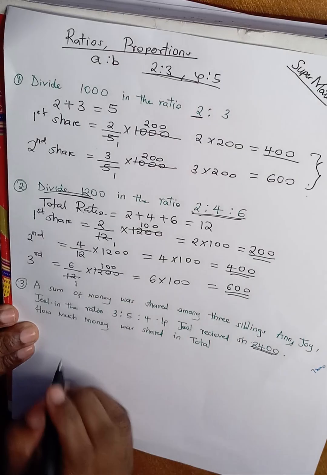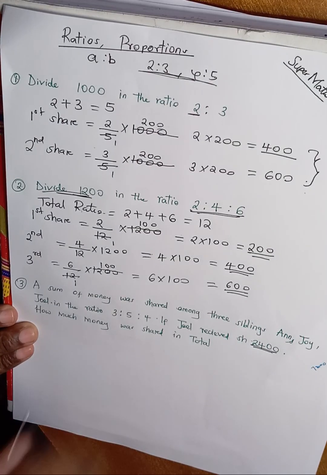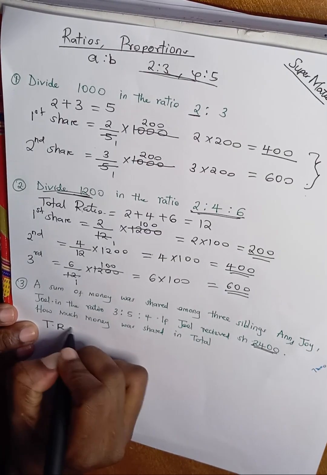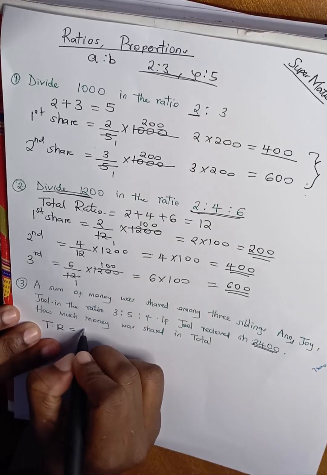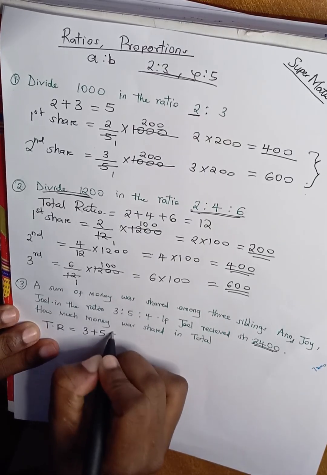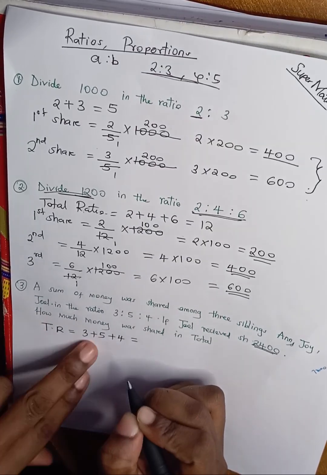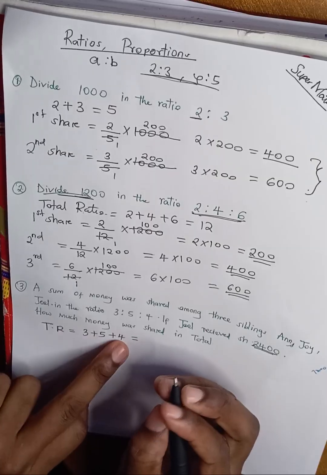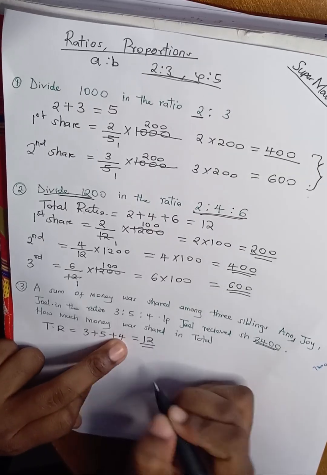Now, as we said, we have to find the total ratio first. The total ratio is going to be 3 plus 5 plus 4. 3 plus 5 is 8, plus 4 is 12, okay?